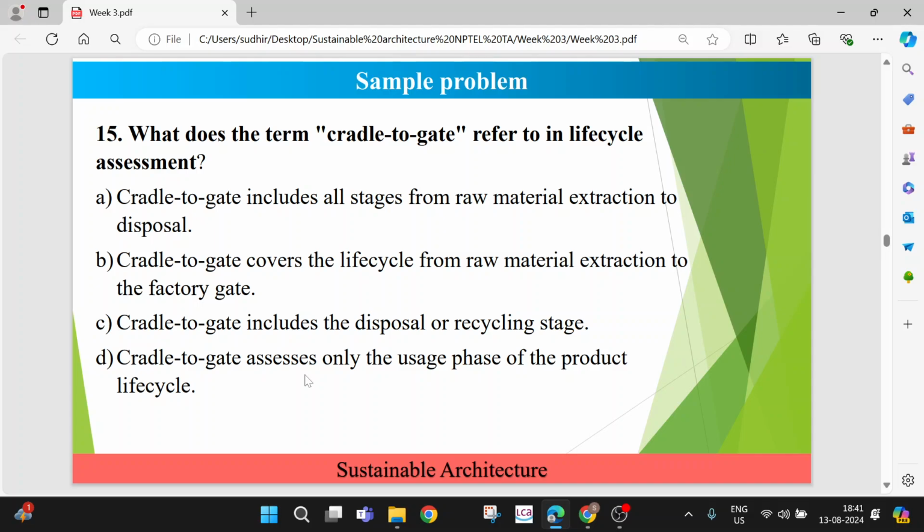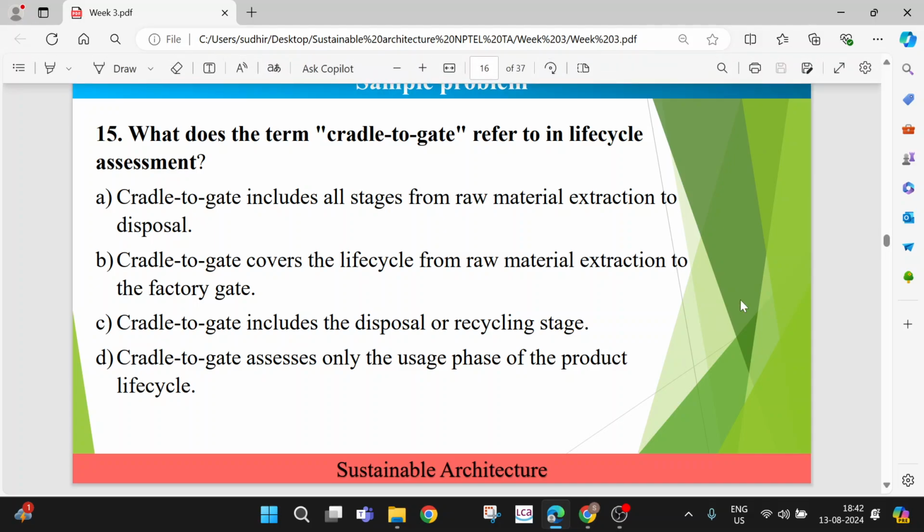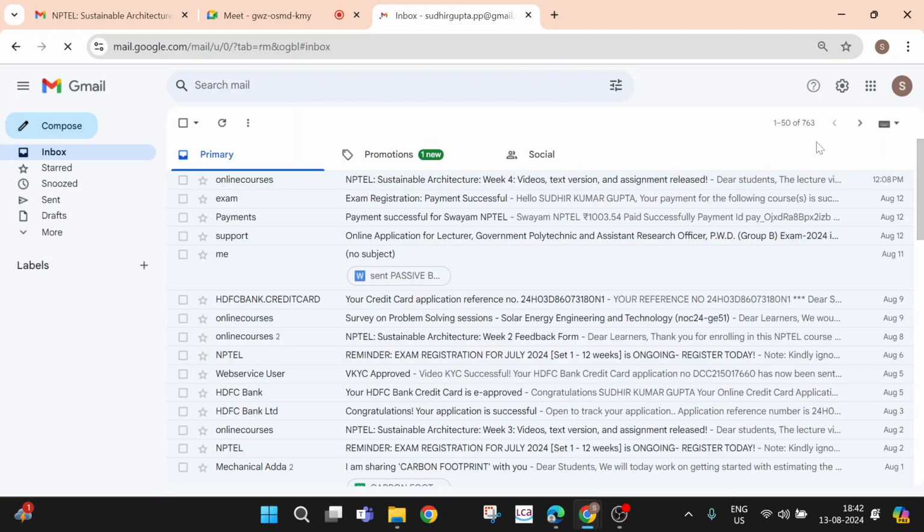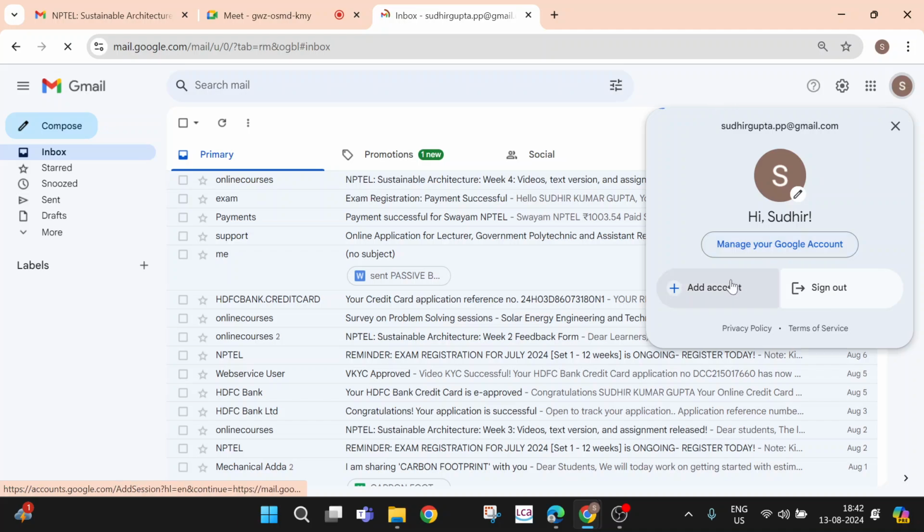So here is the point. Through these small changes or studies, you can appreciate the concept of life cycle assessment. Is my screen visible, the slide, this PDF? Yes, sir. Okay, then try to understand and appreciate this.